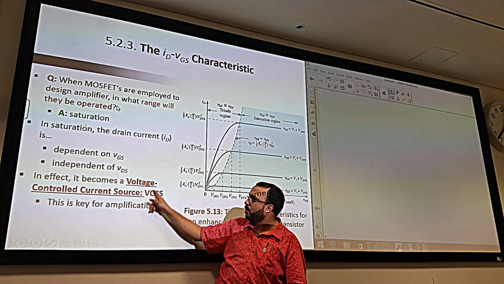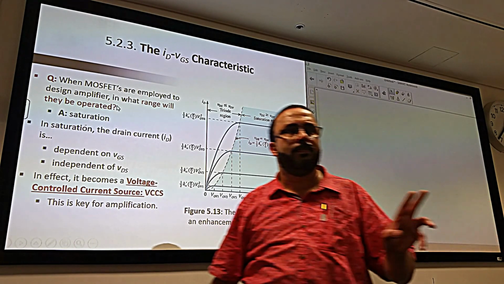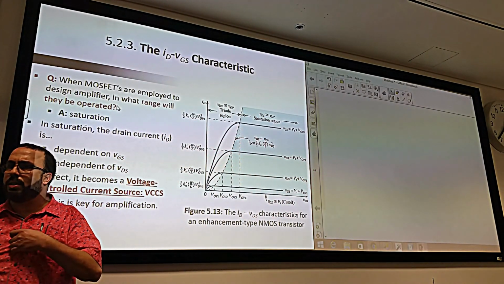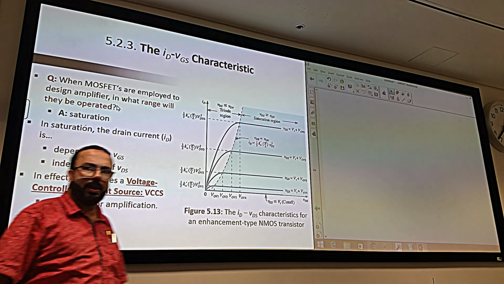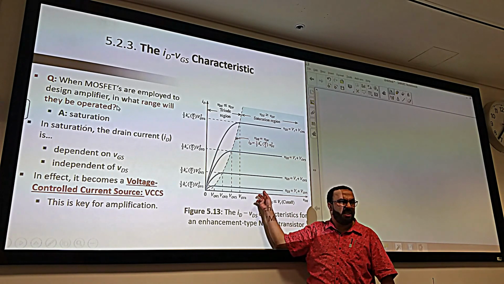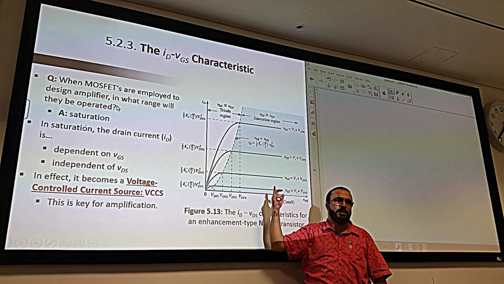Did you use current sources in electronics? Of course. Now the MOSFET can help you with that. But you have to put it in saturation. You know how to put it in saturation, correct?